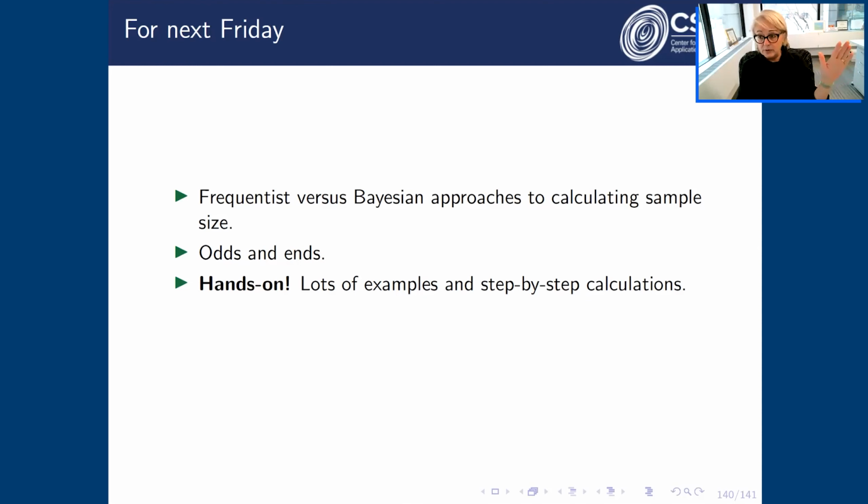Then, depending on how many slides I prepare, I'll go on to some odds and ends, because I want to leave plenty of time, at least an hour and a half, for Joe to do examples and show you step-by-step calculations.